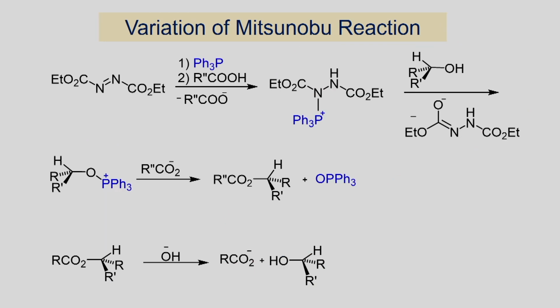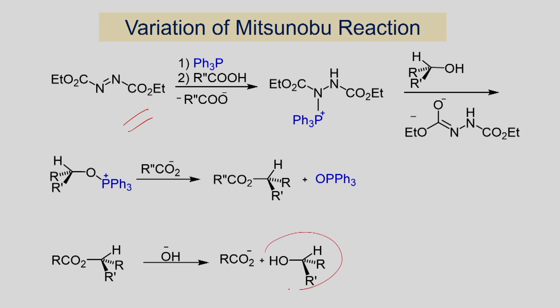Here is further development in this chemistry. We have just seen the use of diethyl azodicarboxylate in the preparation of alkyl iodide, and now let us look at the recent development, the use of diethyl azodicarboxylate.